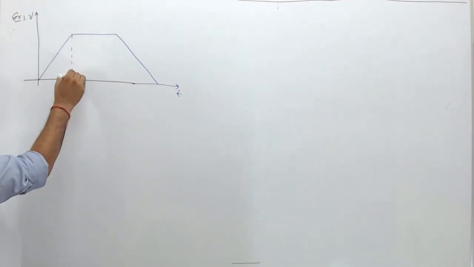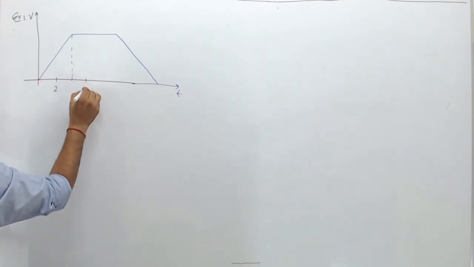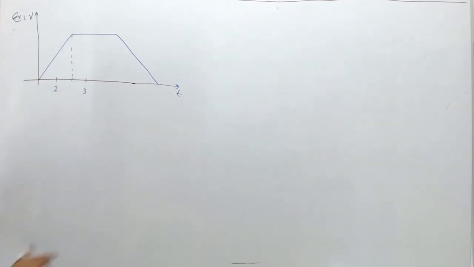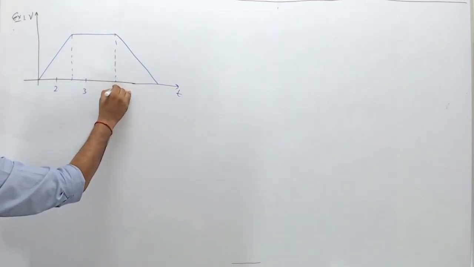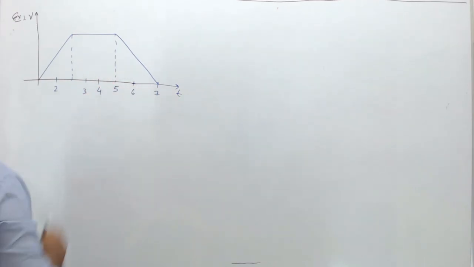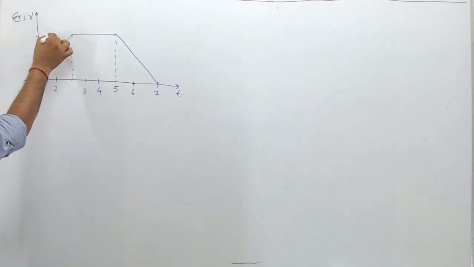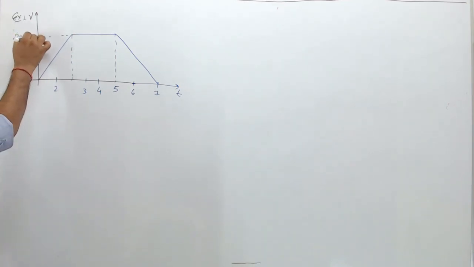Here it is 2, 3, then 5, 6, 7 and somewhere 4. This value of velocity, let us say this is 20 meter per second.